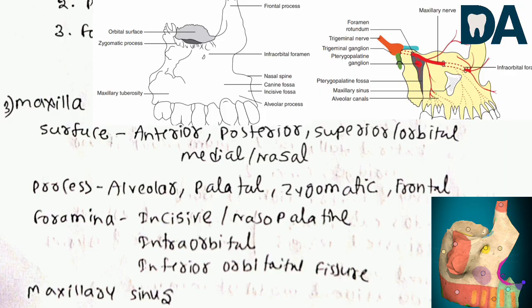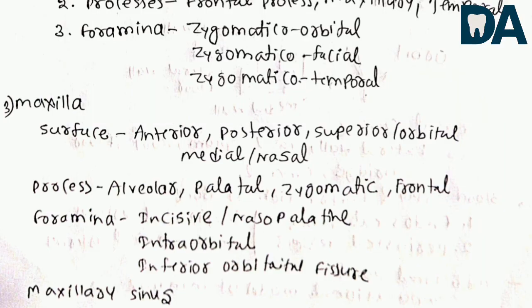Zygomatic process. It is a lateral extension of the maxilla, forming the apex of the pyramidal structure. Frontal process. It is an upward projection of the bone that articulates with the frontal bone. Foramina. Incisive foramen or nasopalatine foramen.